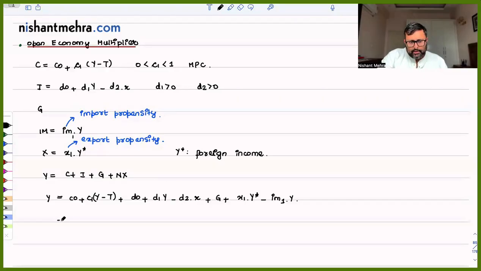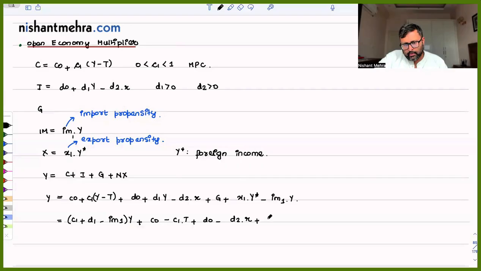Now what I can do is simplify this. So let me write all the y terms together first. It is (C1 plus D1 minus IM1) y, plus C0 minus C1T, plus D0, minus D2R, plus G, plus X1 Y star, right?